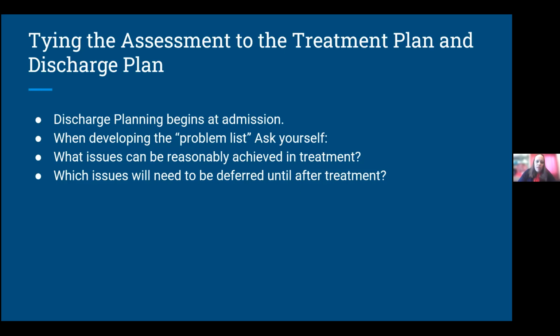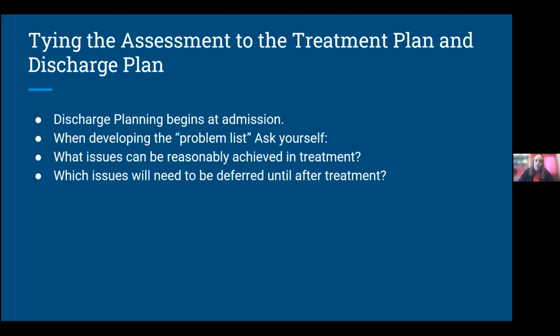Those are the things that we are going to include in the treatment plan. And then at the end of treatment, making sure if that didn't get addressed, maybe you didn't have time for whatever the reason may be, just tying up those loose ends and maybe recommending that to the next level of care. We also want to note which issues will need to be deferred until after treatment.